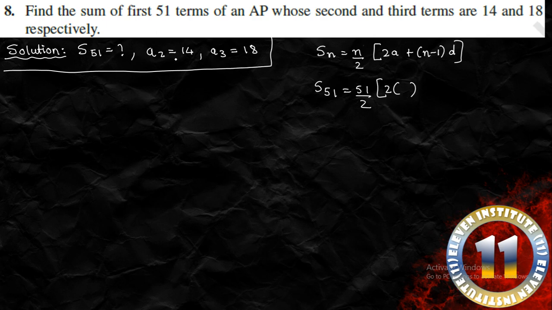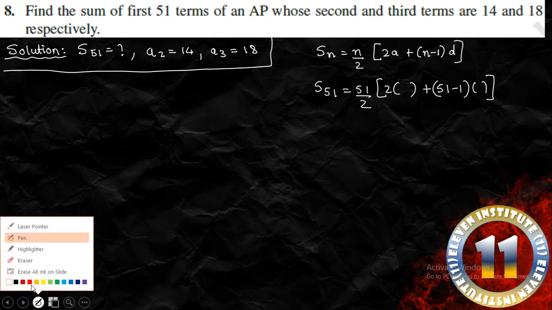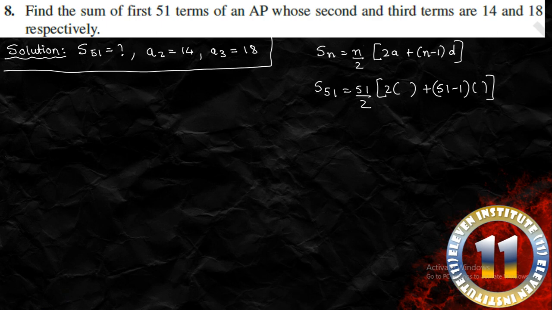Now we don't have the value of a over here, plus n minus 1 is nothing but 51 minus 1, and that will be multiplied by d, and we don't have the value of d over here also. So in short, we want to find the value of a and d, and in order to find the value of a and d we have this with us. A2 is 14, A3 is 18. So simple, apply the formulas, form the linear equations, and you can find the value of a and d.